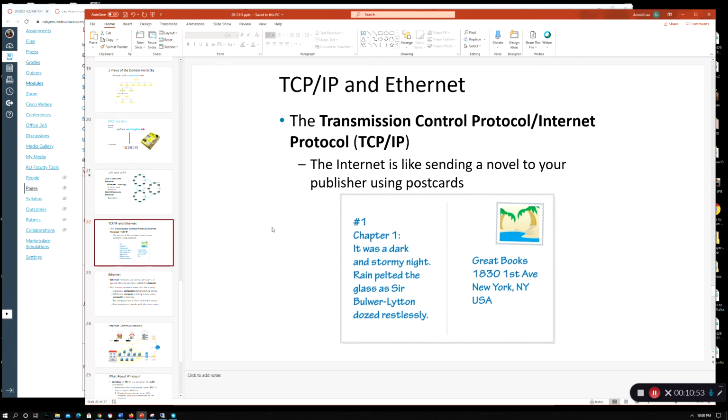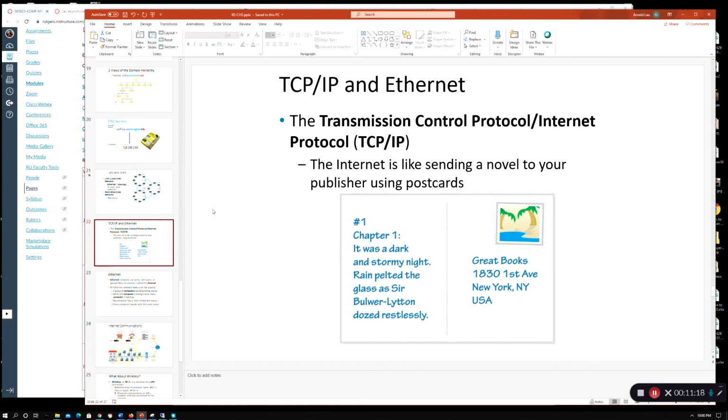So I start off with a file at point A, it gets chopped up into all these little packets, and then it goes to the destination with its path. At the end, there will be something that collects all of that together and puts it all back together in the right order, right? So you can recreate the file. So the protocol for all that to happen is called TCP/IP, okay?